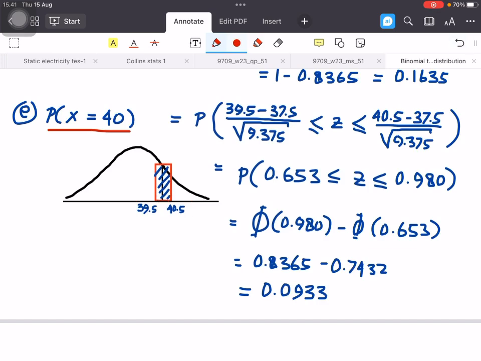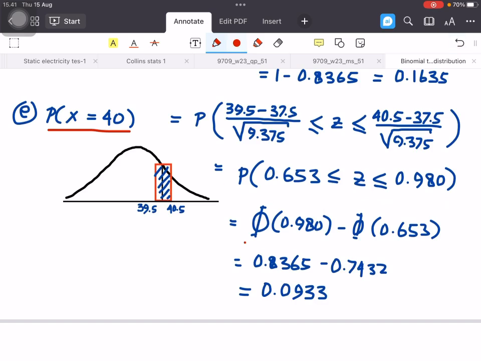So change the x values 39.5 and 40.5 into z values. So it's equal to probability 0.653 less than z less than 0.980.